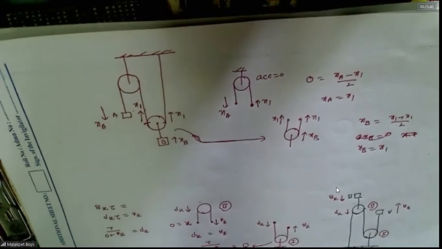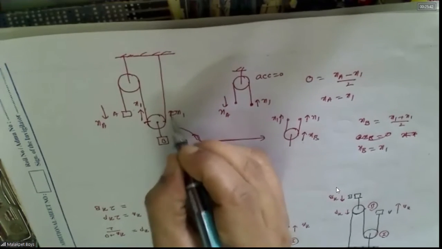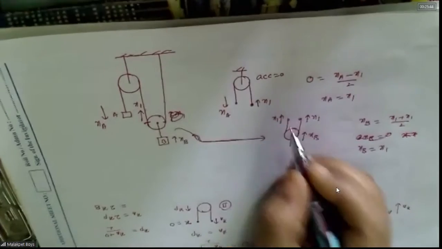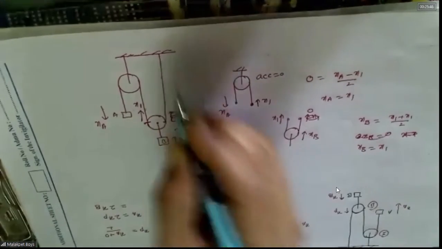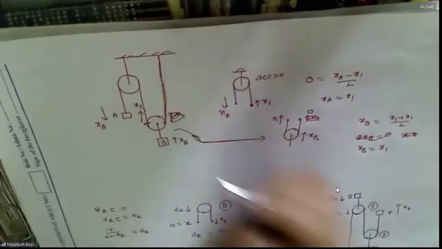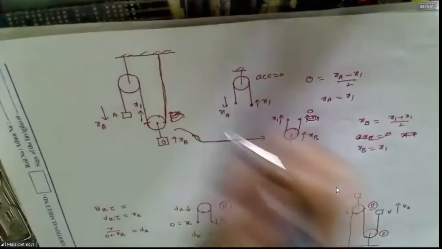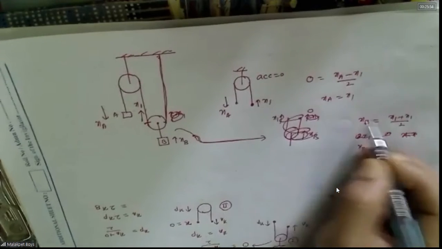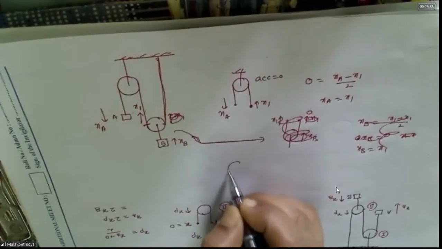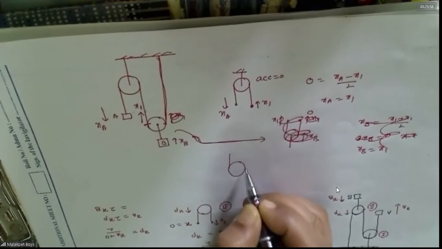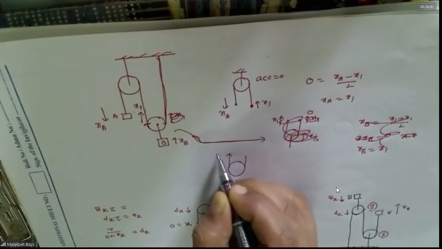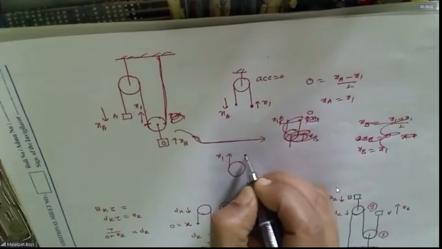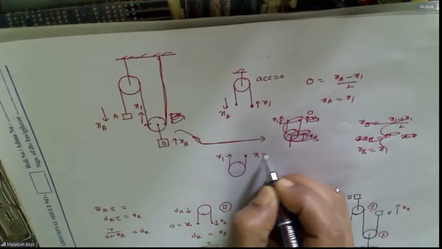No, this is not moving. This end is not moving. Fixed now. This is fixed now. Draw once again. This has two ends. One end we got x1. This end is having 0 velocity.